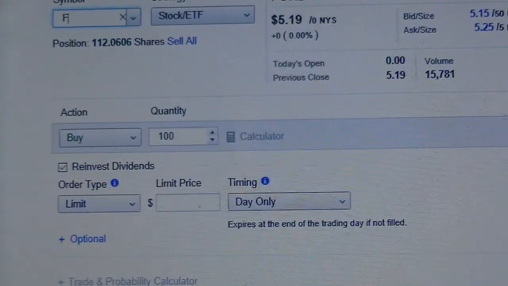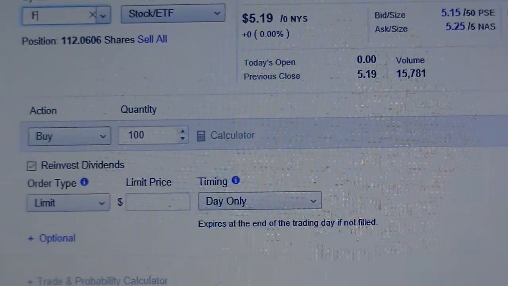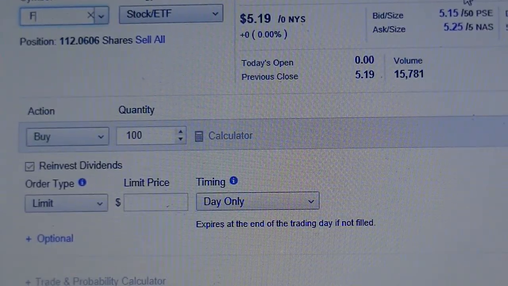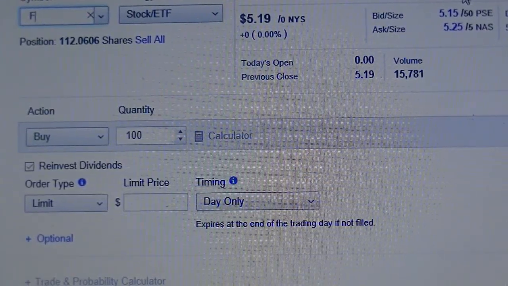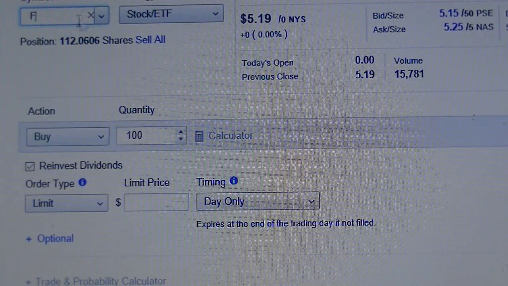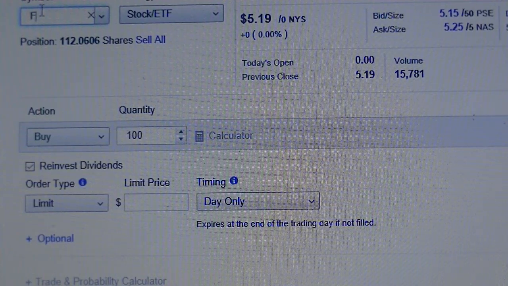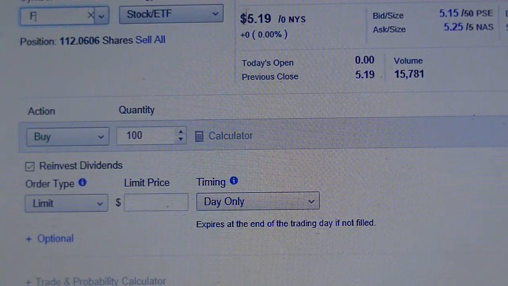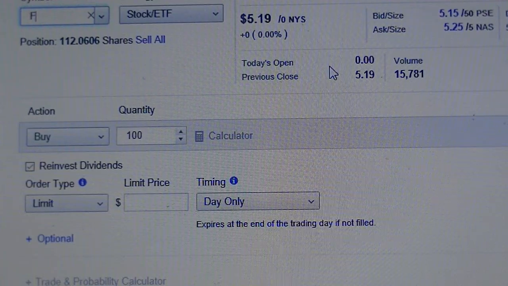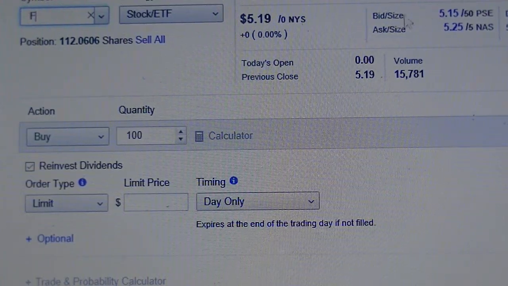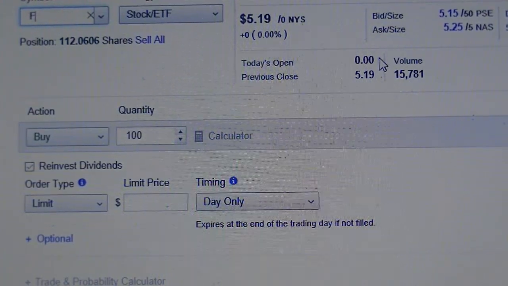So now that I click on buy, I read that it's saying that I have 217.66 to spend, and you can see that the name is here. Because I used that route, I didn't click on trade to look for the symbol. The symbol is already here, and I have $5.19 that it is sold for. Bid and ask is here as well.